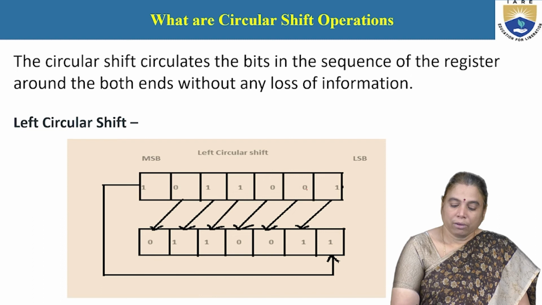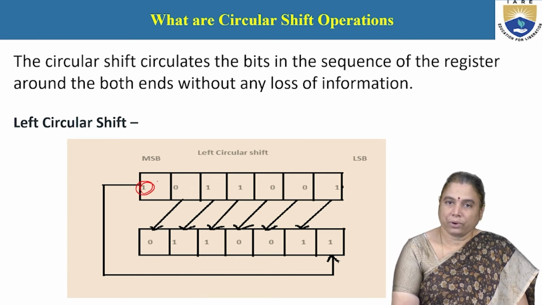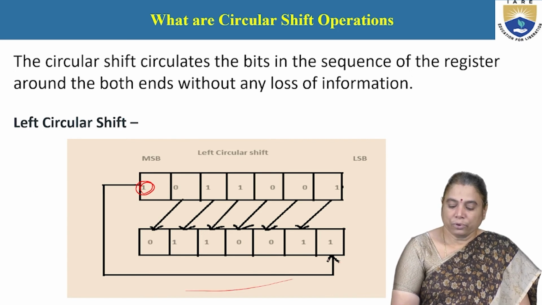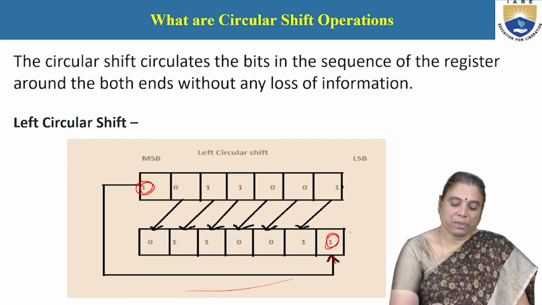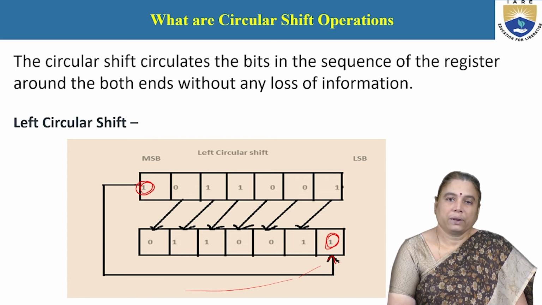So here, the bit discarded at the MSB in the case of a left shift operation is used to fill the vacant position at the LSB. So the MSB bit is circulated and used to fill the LSB position. That's why this operation is called the circular shift operation.